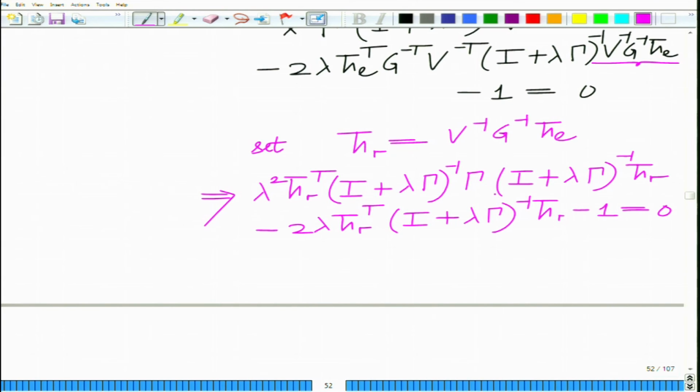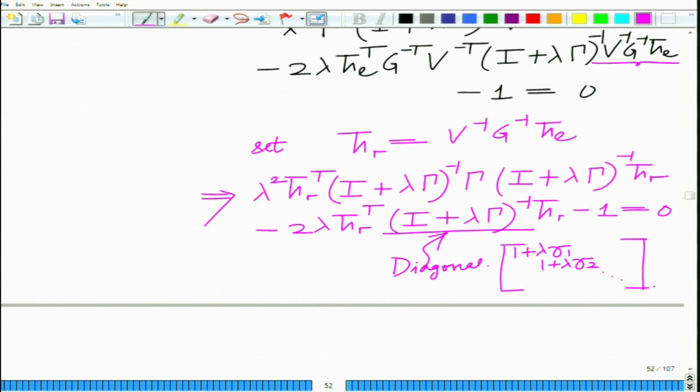And now you can see this is a very simple structure, because all these matrices are diagonal matrices. I plus lambda gamma is a diagonal matrix, gamma is a diagonal matrix. In fact, its entries will be 1 plus lambda gamma 1, 1 plus lambda gamma 2 and so on.